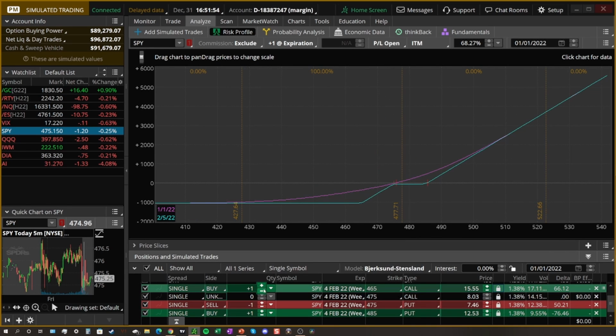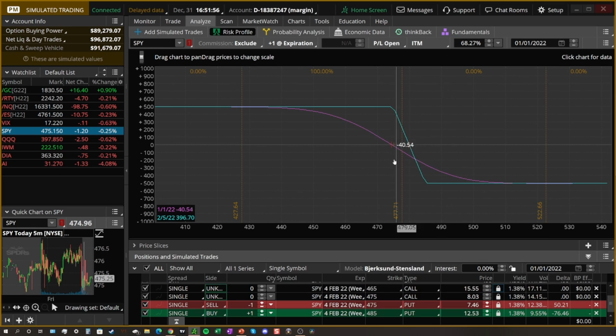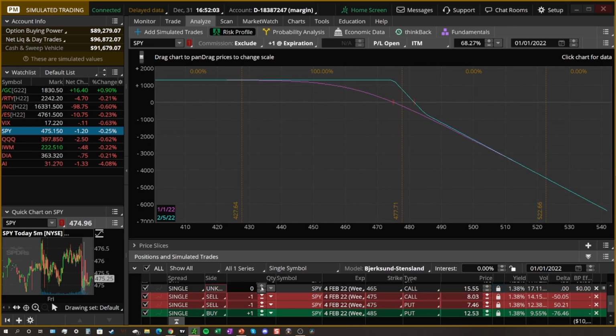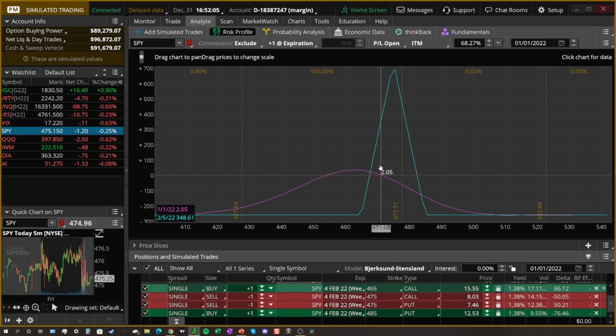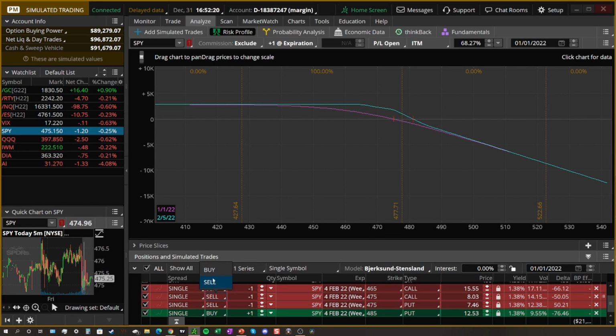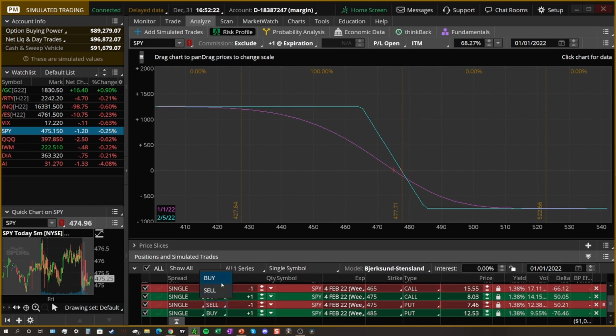So that is just when you are combining both of these verticals, right? So here's the bear put vertical, and then when we add in the bull call vertical, we're just combining at the apex at one common strike here in the middle. So that's the butterfly.